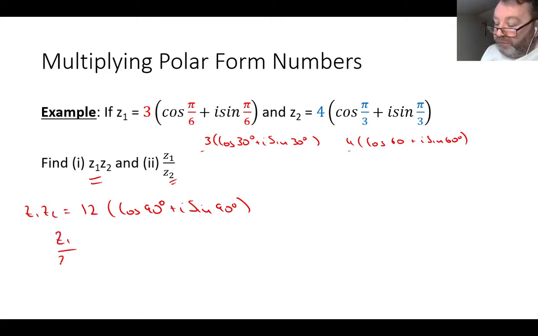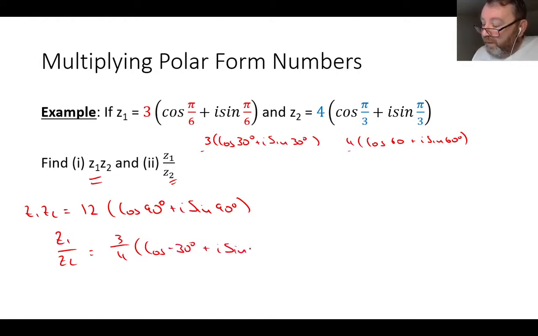Z1 over Z2. Now it's important that the order is kept right here. So for Z1 over Z2, what do you do? You divide the moduli. So it's 3 over 4 times the cosine of the difference between the two. So that means you've got your 30 minus 60, which is minus 30 degrees, plus I times the sine of minus 30 degrees.